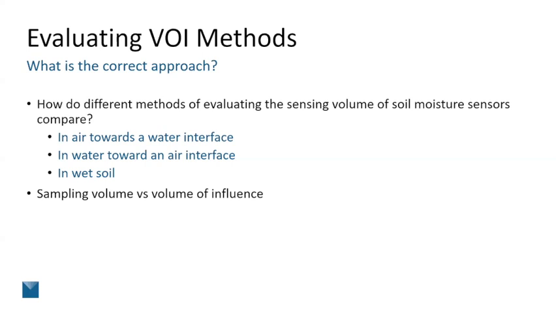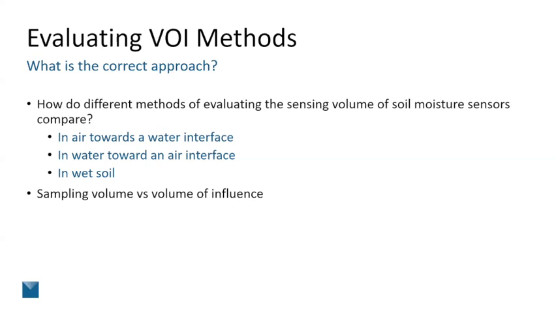Another method is in a container of water, and we move that sensor towards an air interface to see what that response looks like. And the last method is actually in moist soil. I believe the soil is around 25% water content. I'll go into that. And as we shave those layers down, we look at how that sensing response changes.